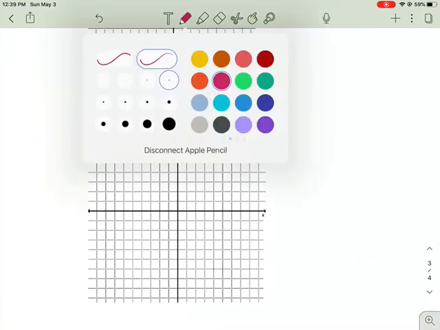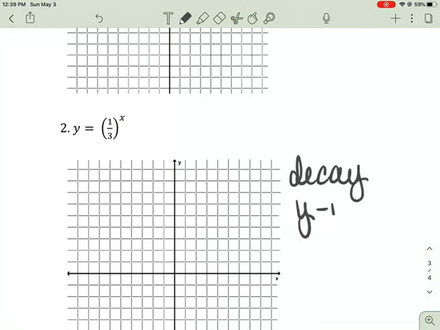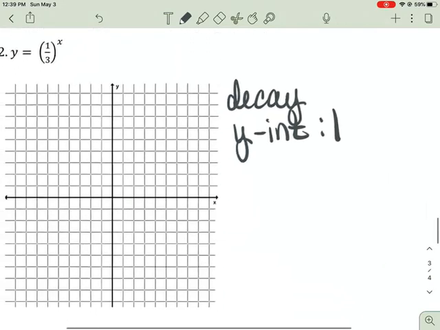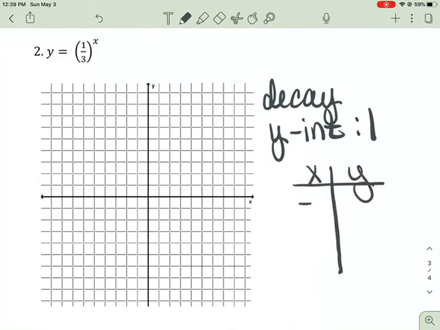some points. So this problem is a decay because 1/3. Our y-intercept is 1. And I'm just going to pick some points to put in for x. We could pick like 3, that works great. So x, y, I'm just going to keep picking -1, 0, and 1.